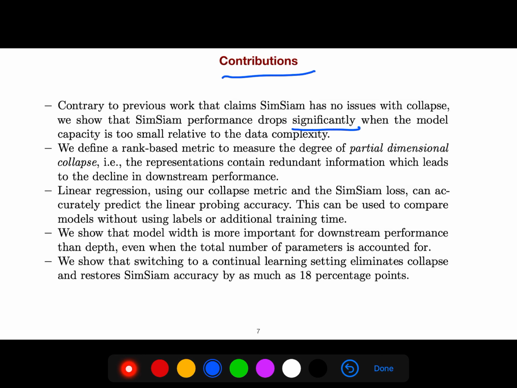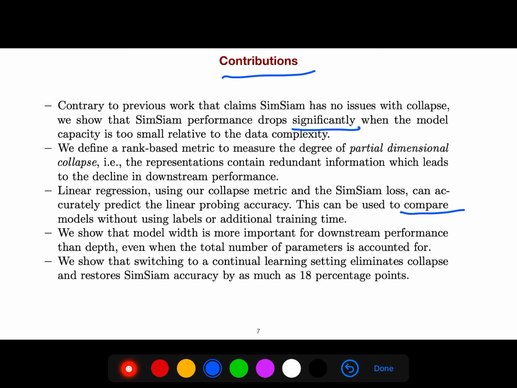The representations contain redundant information, which leads to a decline in downstream performance. Linear regression using our collapse metric and SimSiam loss can accurately predict the linear probing accuracy. This can be used to compare models without using labels or additional training time.